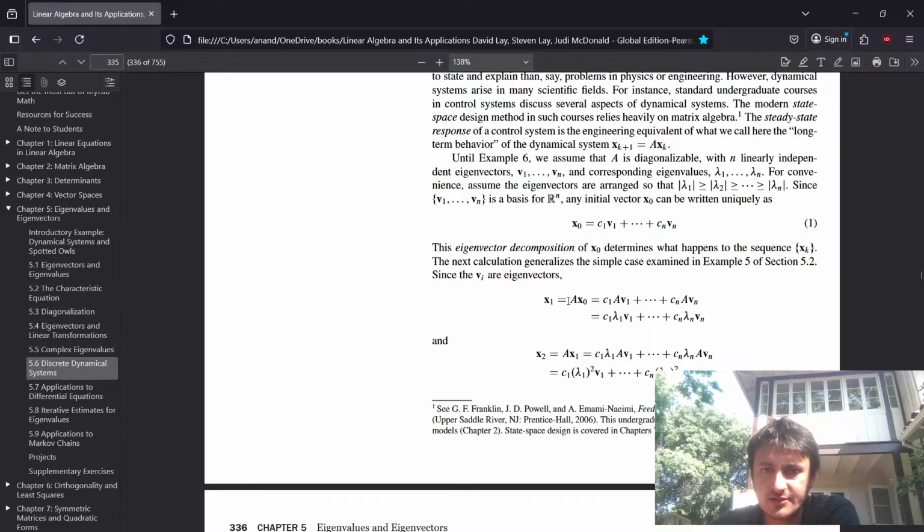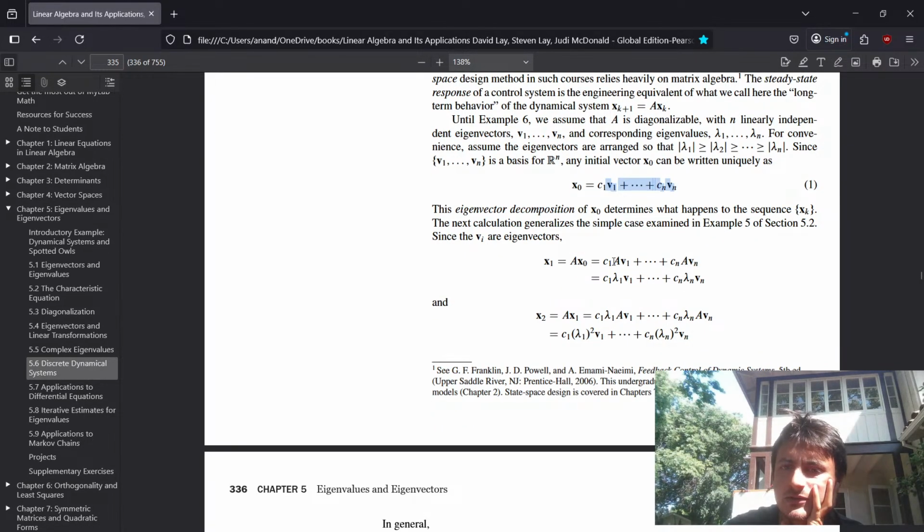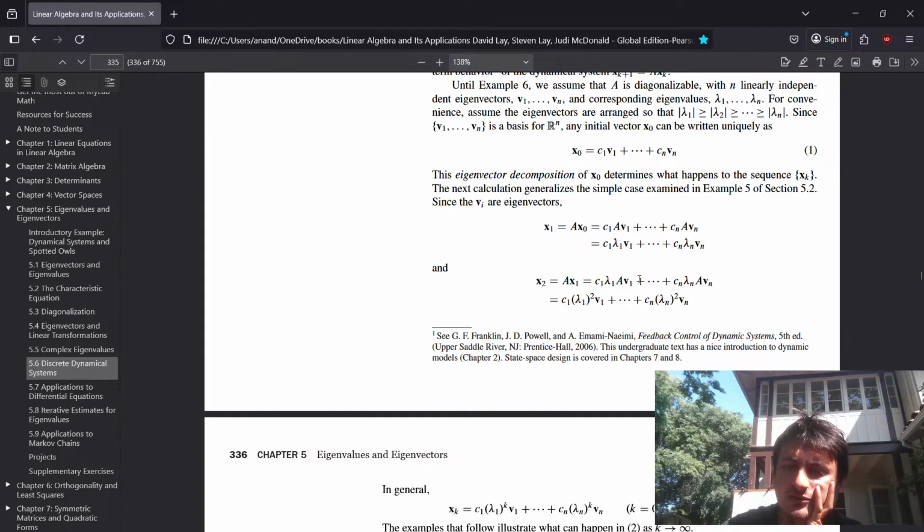x1 equals Ax0. And x0 is going to be, because we know that this is a basis. Okay, so we take the, yeah, okay, that's cool.